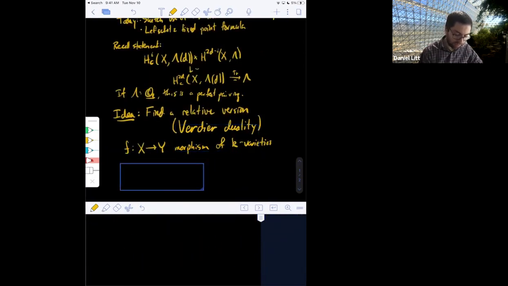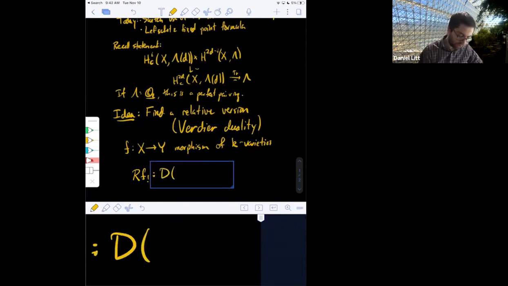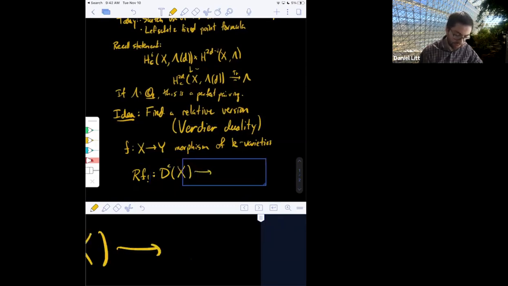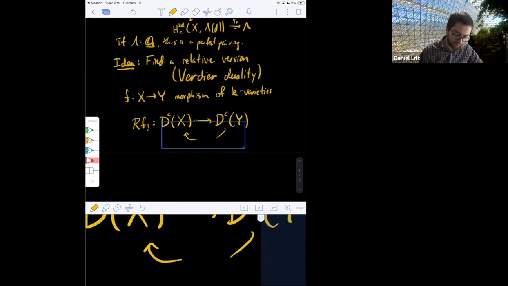So then there's a map Rf lower shriek from the derived category of constructible sheaves on X to the derived category of constructible sheaves on Y. I'll say what this means in a second. So just a reminder, I sort of briefly discussed this.